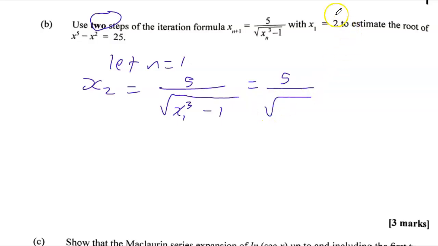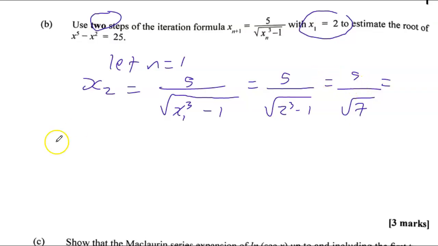Now we were told that x subscript 1 is 2, so that's 2 cubed minus 1. Now 2 cubed is 8, 8 minus 1 is 7. So 5 over root 7, using my calculator, that's 1.8898 if I'm using 4 decimal places.